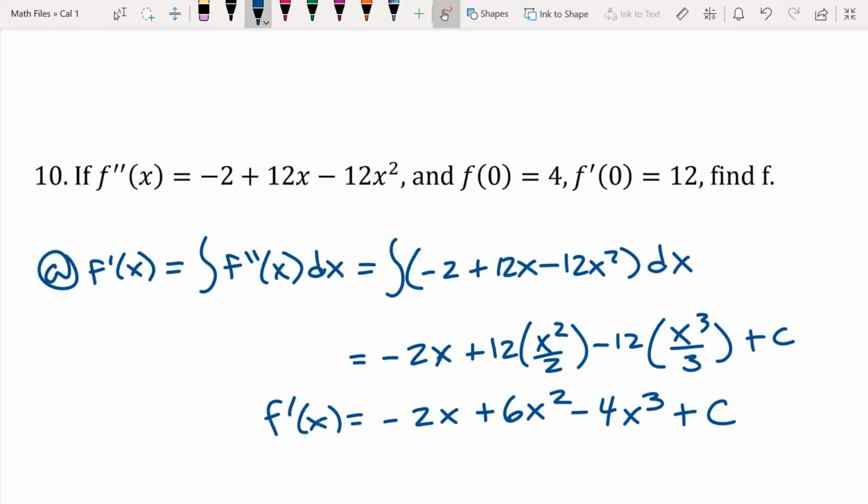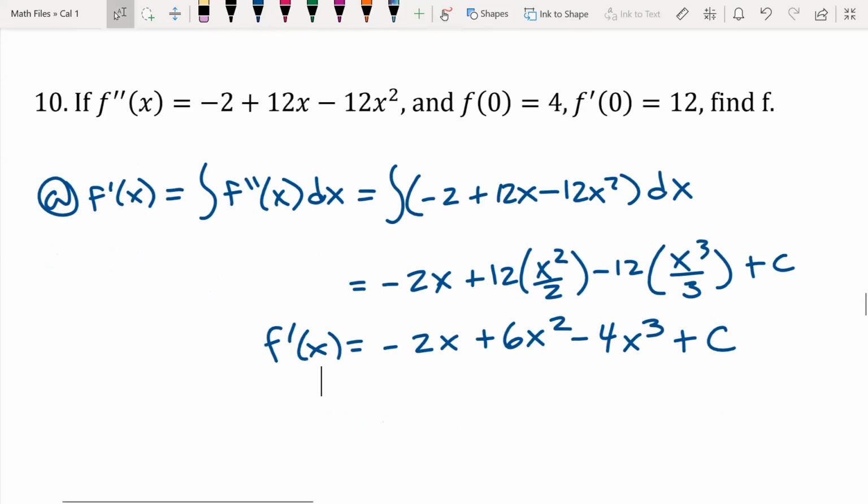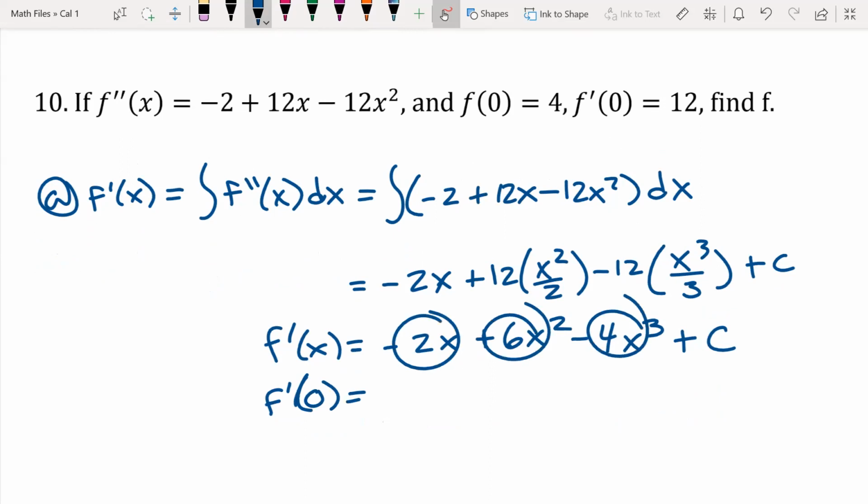But what value are they telling us to plug in for x in order to find c? 0. Good. So if we plug in 0, lucky for us, that 0, that 0, that 0, they all cancel and leave us with c. But f prime of 0 is also what value? 12.